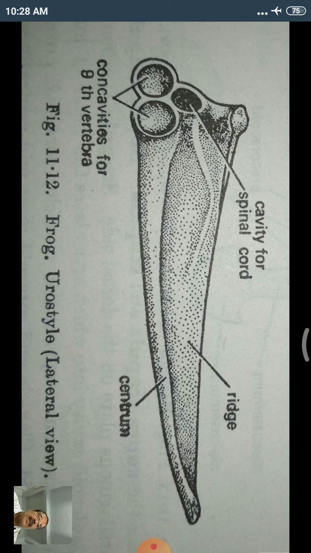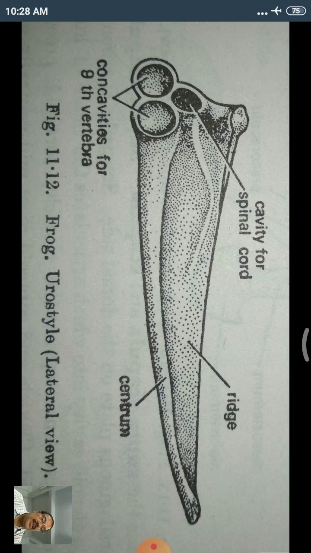So, urostyle is the ninth vertebra representing the caudal region in the frog. It is long and triangular with a pointed apex directed backwards. It represents several fused vertebrae of the tadpole. Centrum is long and rod-like with a broad anterior end bearing two concavities to receive the convexities of ninth vertebra.